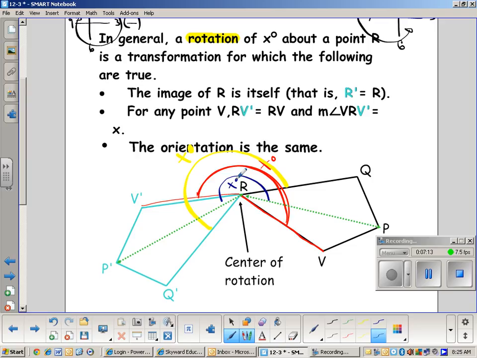Okay? So what we're learning is you can take any point and its image point after the rotation, measure the angle between the two, and you'll find out what the angle is.